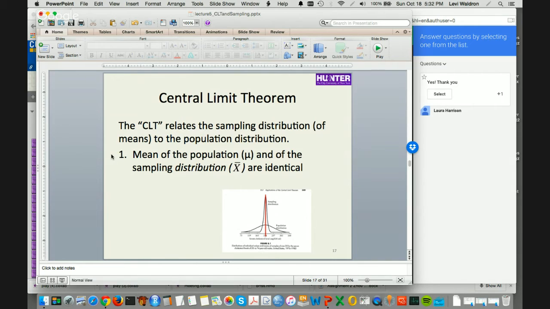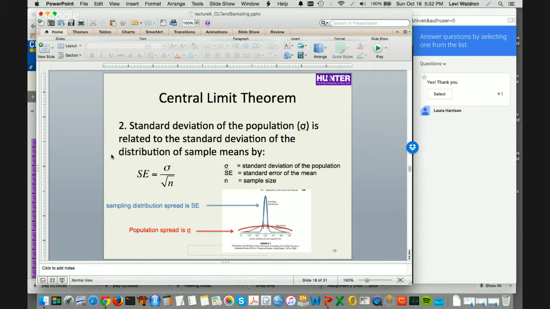If your average runner's age in the entire 16,000 runners is 40, then as you take a bunch of samples of any size, the mean of the mean ages in those samples will also be 40. In any individual sample, it might be a little more or less than 40, but if you take a large enough number of those samples, then the average of all of them will be 40. So the first part is that the population mean and the sampling mean are identical.